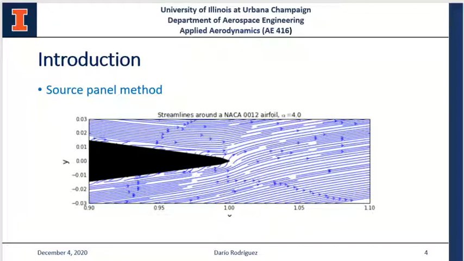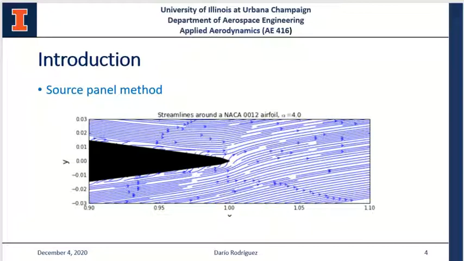Moreover, if we were to simply increase the angle of attack in the free stream and calculate the flow with a source sheet only, the rear stagnation point will not be located at the trailing edge. Instead, the flow will bend around the trailing edge, as you can see in the figure, and the stagnation point will be somewhere on the top surface of the airfoil, which is not a physical solution.